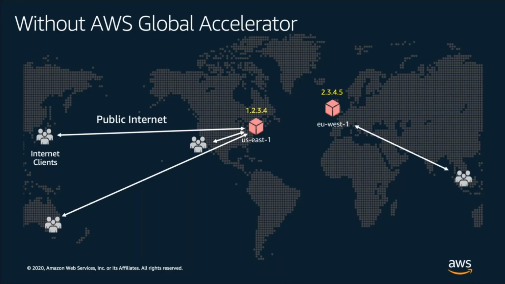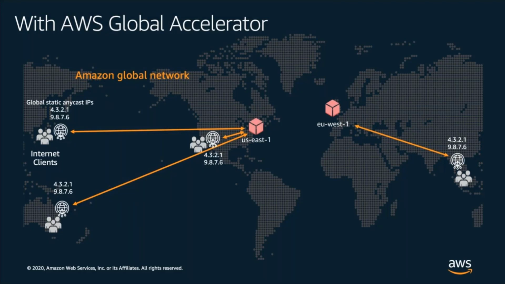Without Global Accelerator, you will use some kind of geo-based routing to send traffic over the public internet to the closest application. With Global Accelerator, you get static IPs, anycast from and announced via BGP from edge locations around the world. Your clients just talk to one of those IPs at a time.